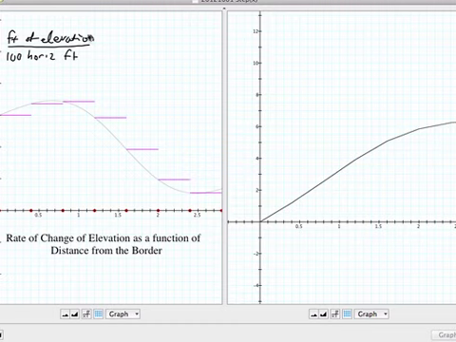So that's the rate of change for every 100 horizontal feet: how many feet does the elevation change? That's the rate. And then this is miles from the border.